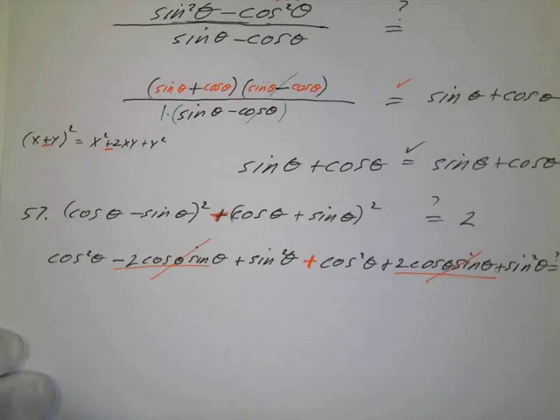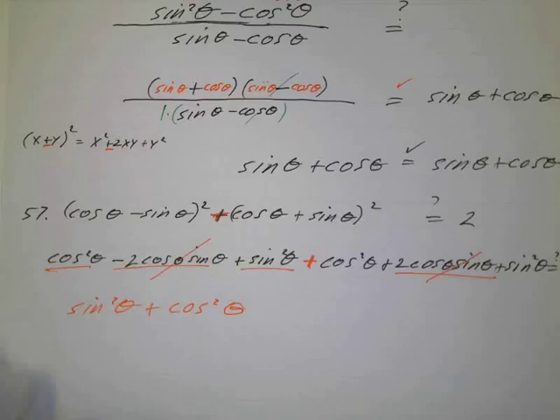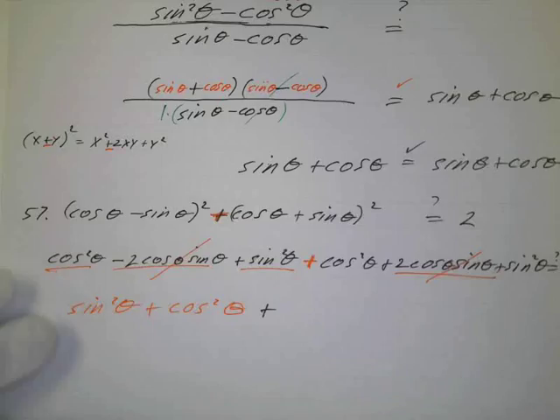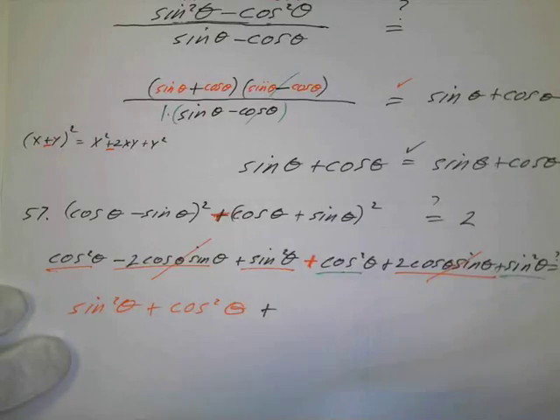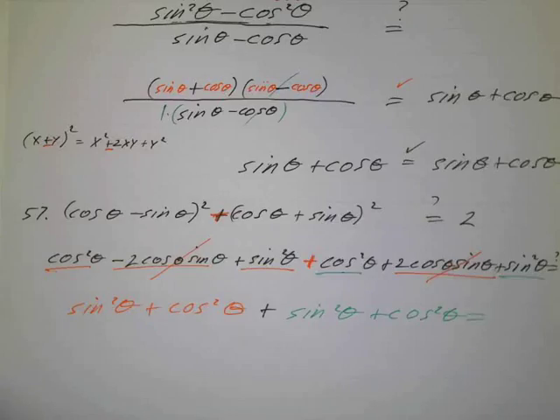And let's take a look at these, and I'm going to put these two together here. I'll put these two together here. So let's write those. So that'd be the sine squared of theta plus the cosine squared of theta. Okay. Plus, and then I'm going to put these two together. Sine squared of theta plus the cosine squared of theta.